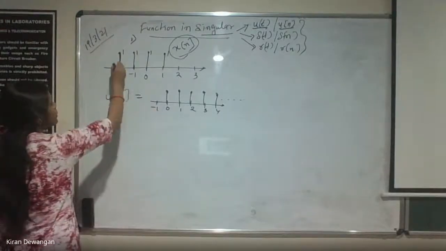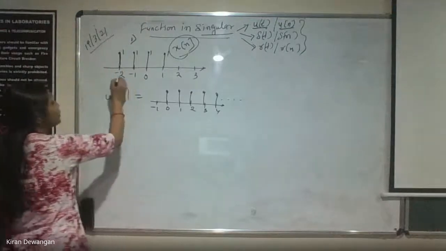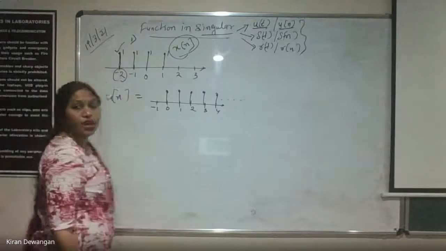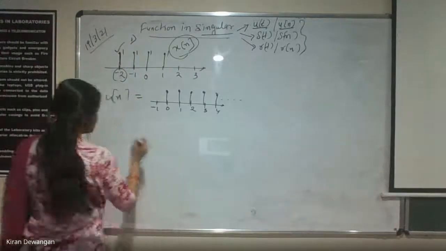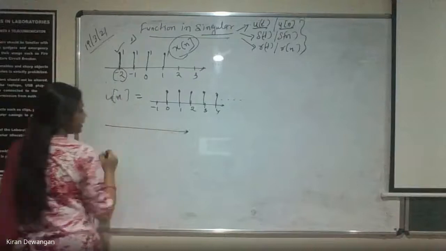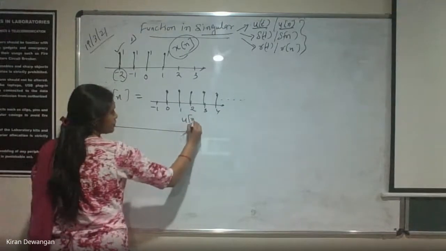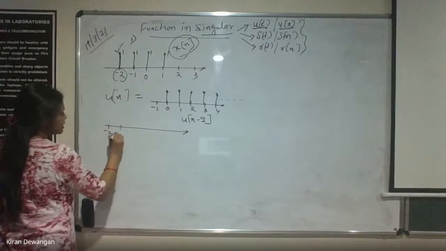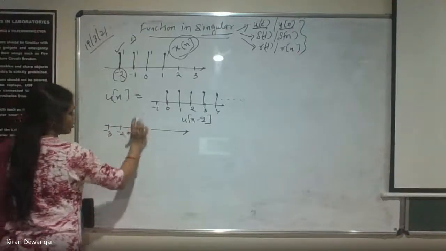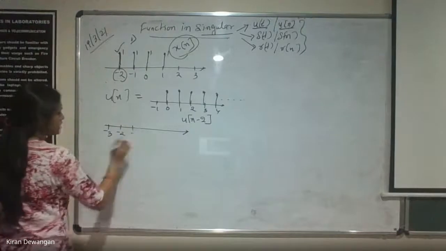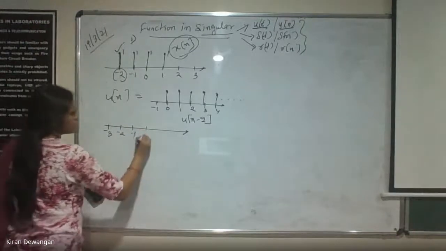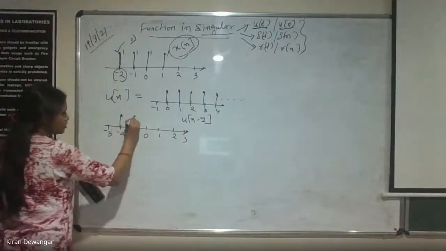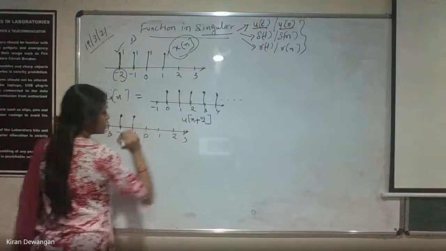Now, if u(n) is shifted to -2, since here the function is starting from -2, that means I have to plot a function which is u of n plus 2.